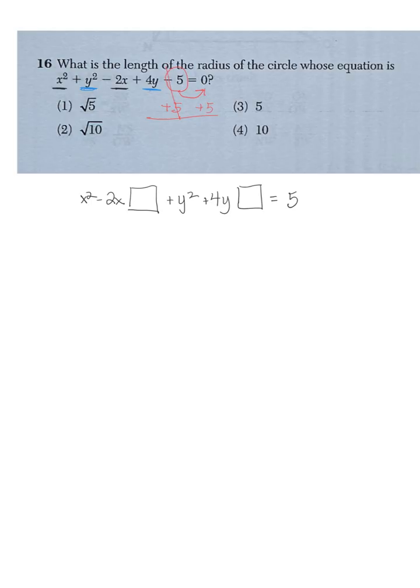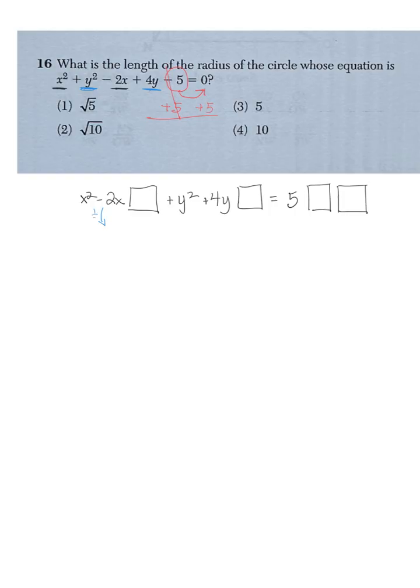Okay, so if you didn't learn this box method, I'll explain. I know you probably learned it a different way. So I have 2 boxes on the left, so I want 2 boxes on the right. We want to even those boxes out. 2 on the left, 2 on the right. Okay. So now, if you remember, we're going to take half of that number.